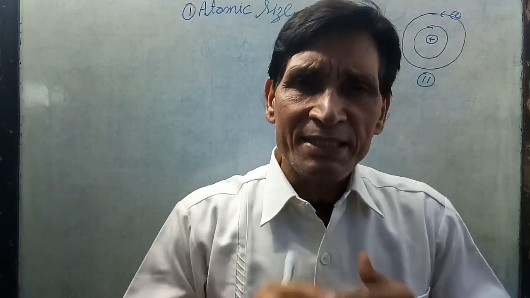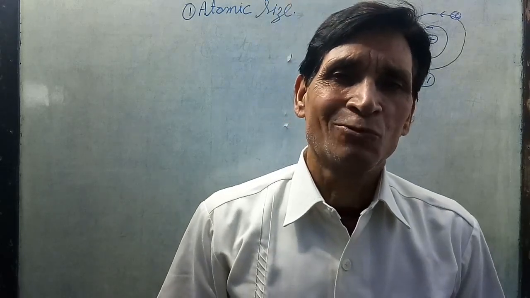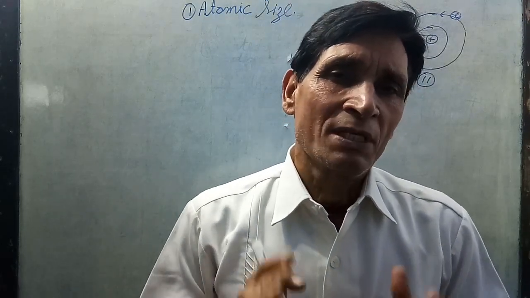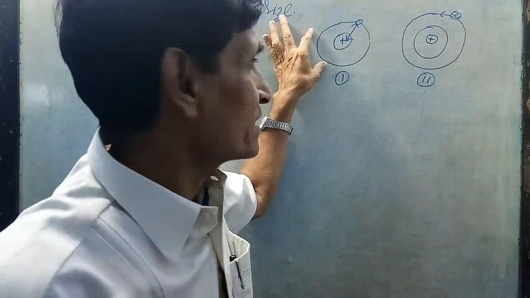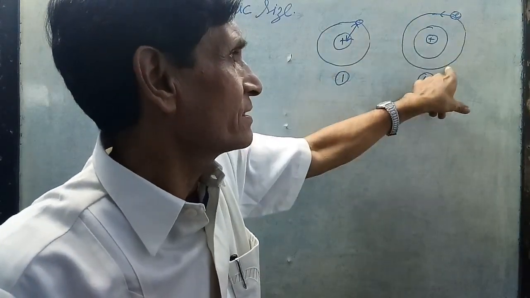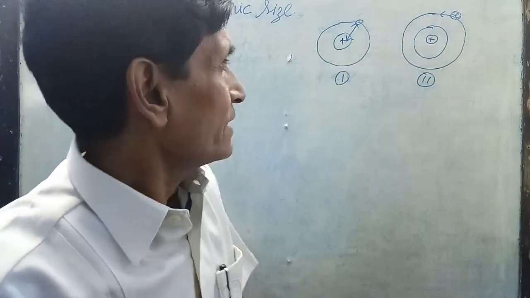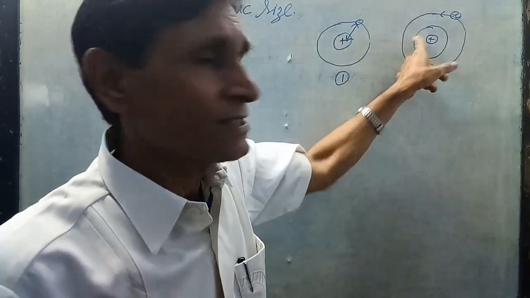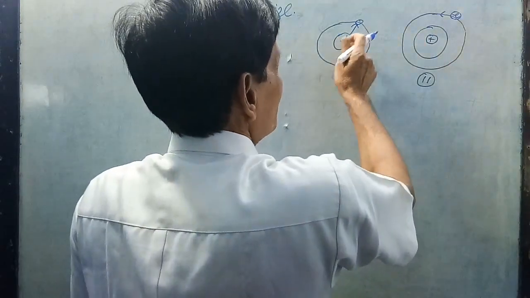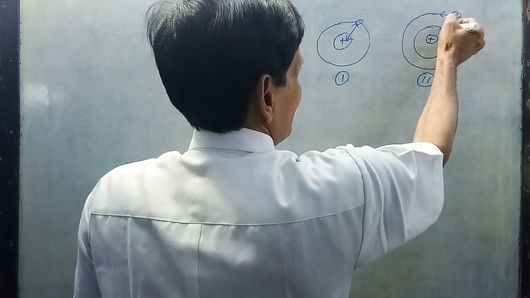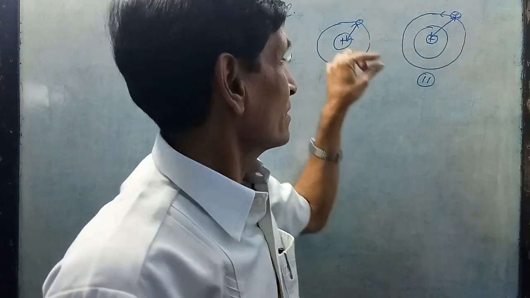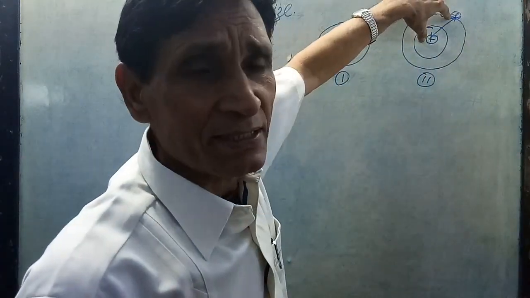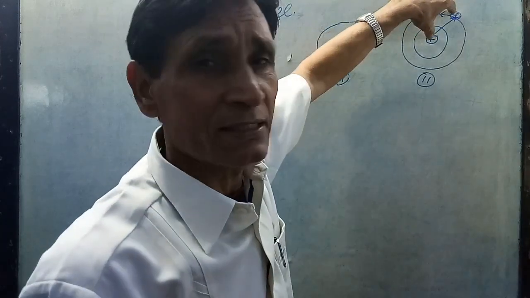If atomic size increases, then what is the effect on ionization energy? Suppose for one atom atomic size is this, another atom atomic size is larger. Then when atomic size increases, the distance between nucleus and electron is increasing. This distance is more than this.